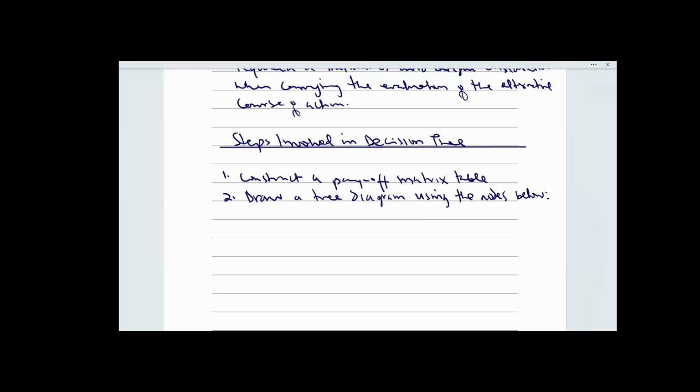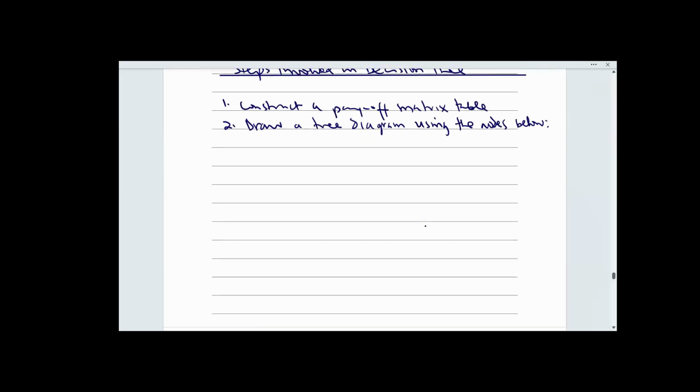Basically, there are 2 nodes when you are constructing your tree diagram. We have the decision node. When you are constructing your tree diagram, everything starts with the decision node and it will end with the decision node. The origin is the decision node.